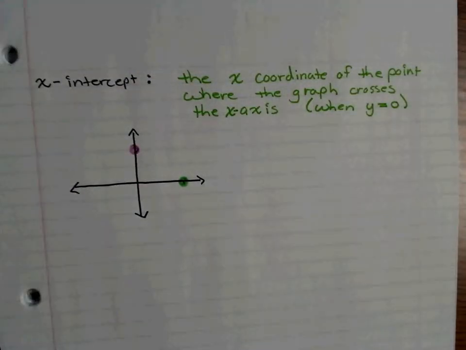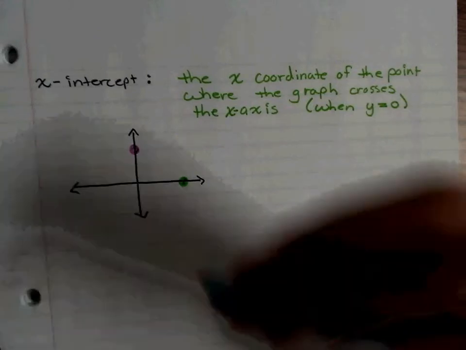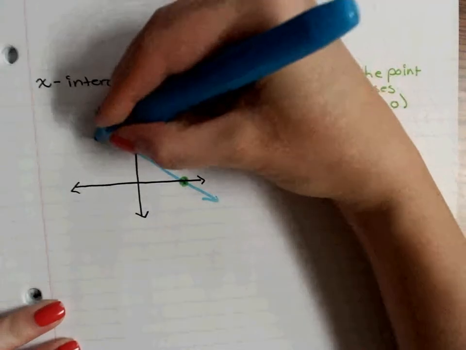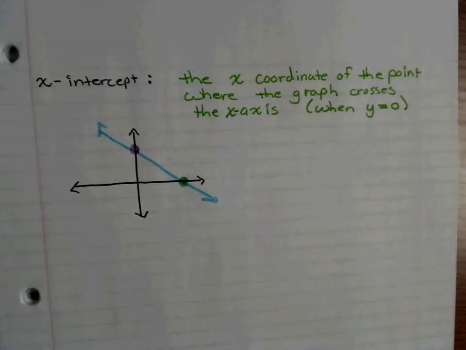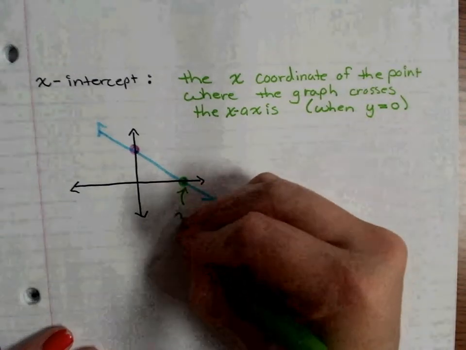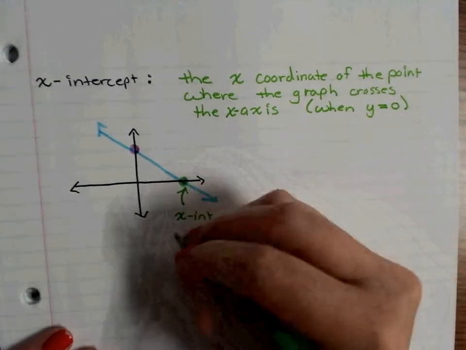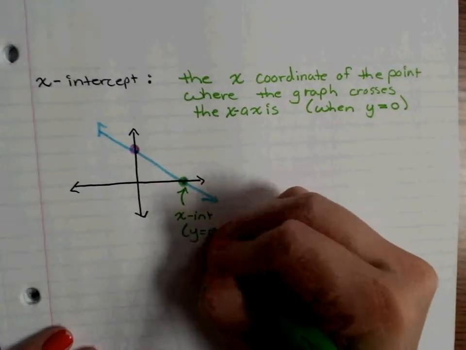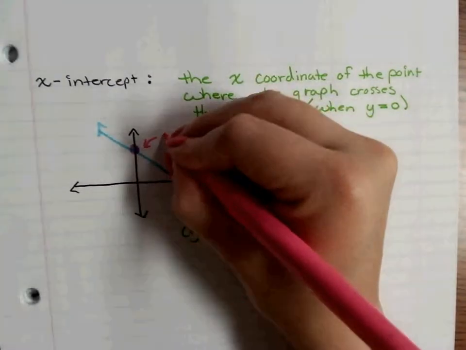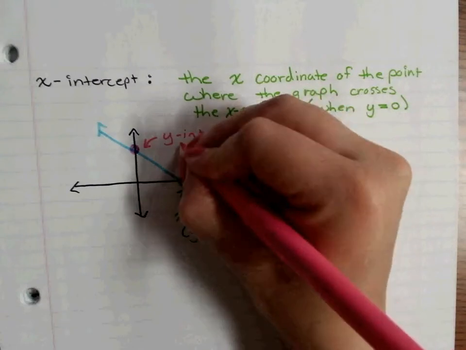And then that would create a nice line. Okay, so this again is my x-intercept when y is equal to 0. And this is my y-intercept when x is equal to 0.